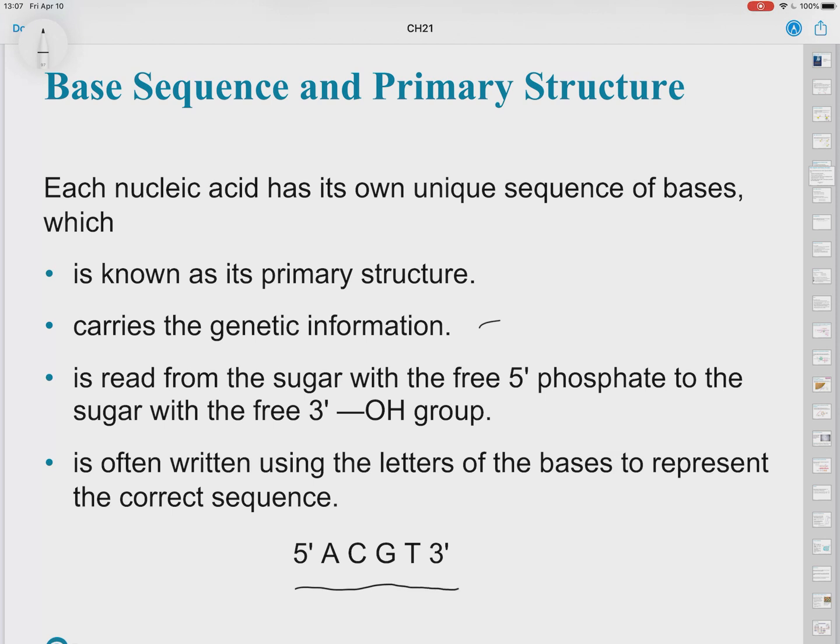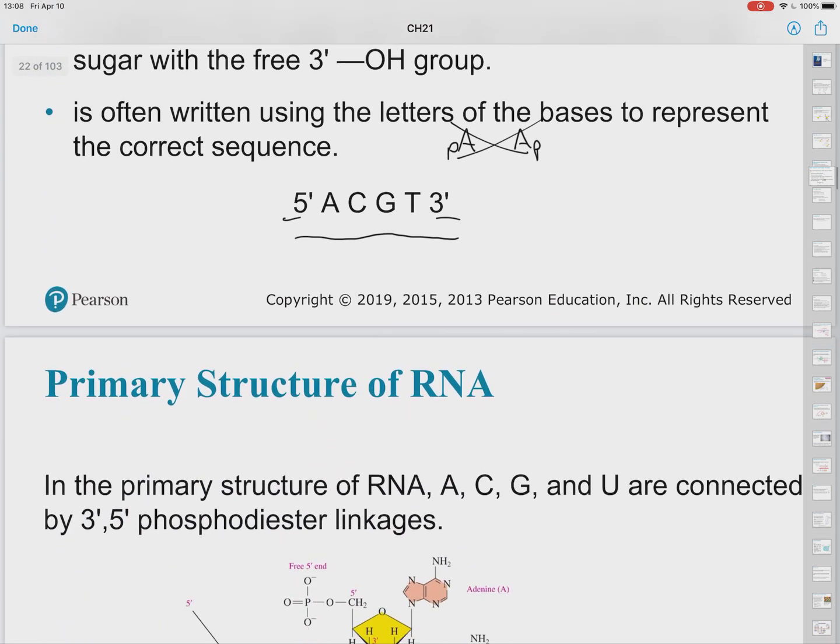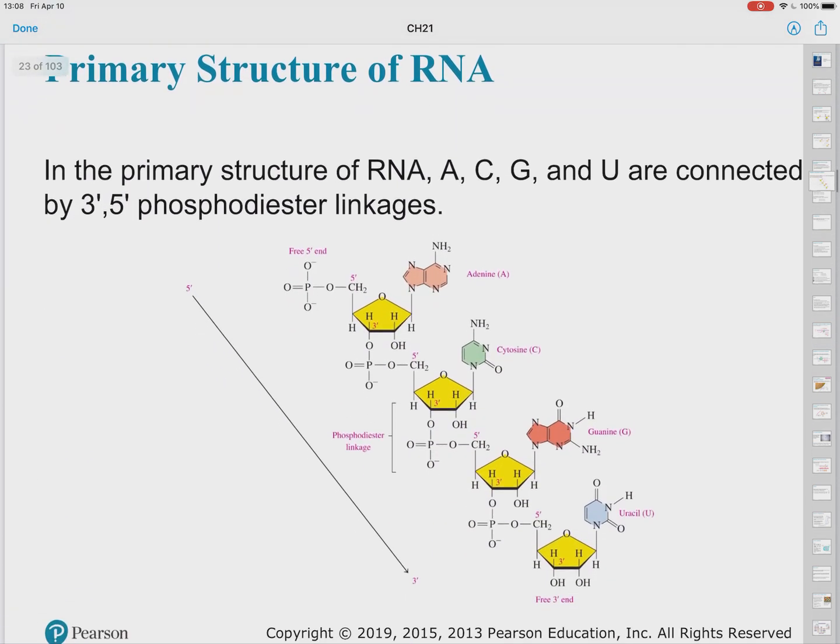Whenever we write that, one of the simplified ways of writing the sequence is to show it like this. There are some more complicated ways that add little p's and whatnot, depending on which side has the phosphate, and we're not going to get into any of that. 5' side, 3' side.